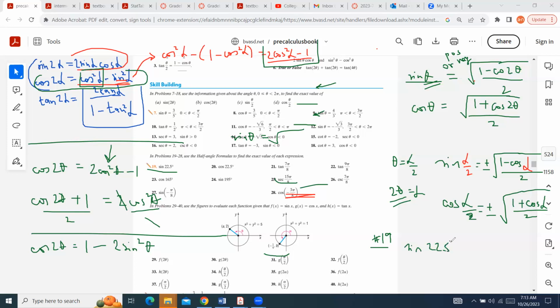Please notice that if I call 22.5 alpha over 2, then alpha will be 2 times that angle. And when I multiply this angle by 2, it's going to be 45.